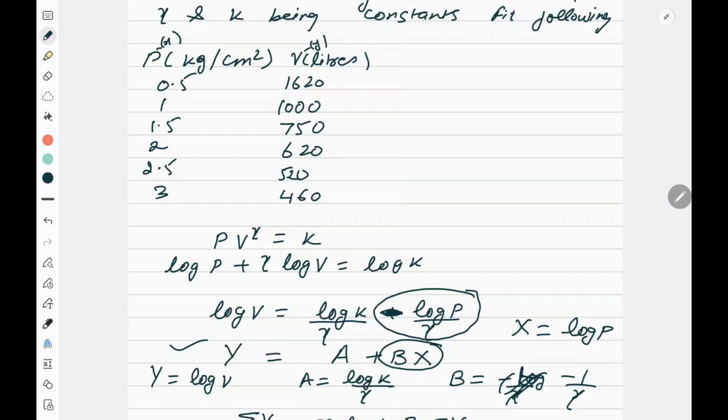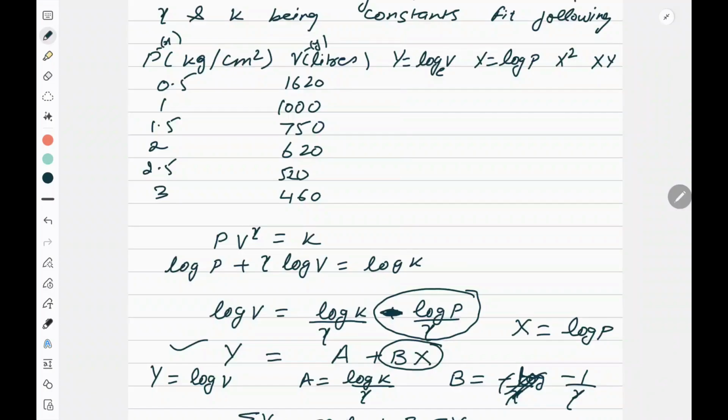As per the normal equations, first I need to convert this P and V to y and x. So I will make the first column as y, and y is equal to log of v. Remember to take base e. Same way I will make x which is equal to log p. Right. Then I will make x square and then I will make xy. Correct. So this will be the easiest way to handle this question.